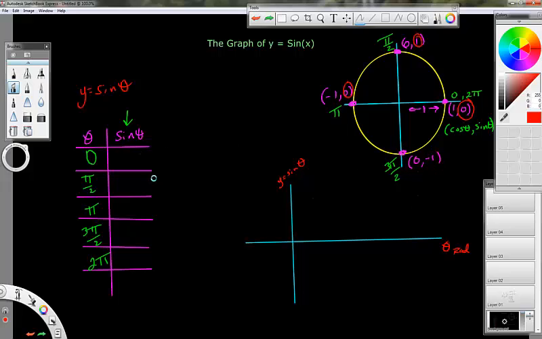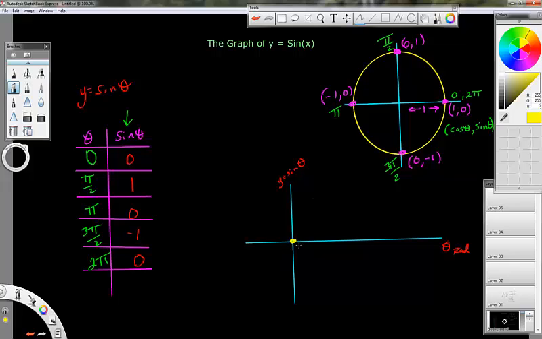I'm going to erase those circles. That's going to be 0, 1, 0, negative 1, 0. You can see how I filled that out based off the y values of these pink numbers. Then if I come over here and graph this, 0, 0 would be here.